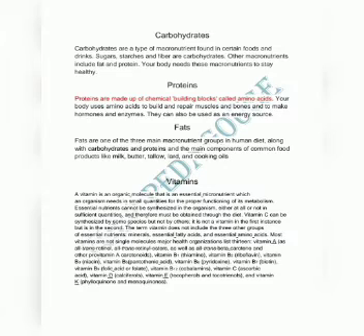Now, let's move to the test for protein. If the food material we are testing for protein is solid, then first of all we have to make a paste or powder of it.